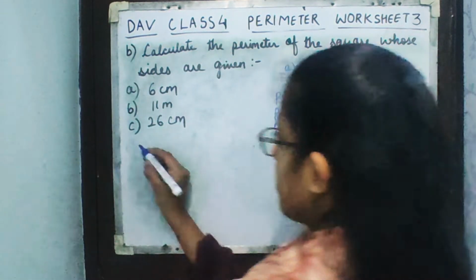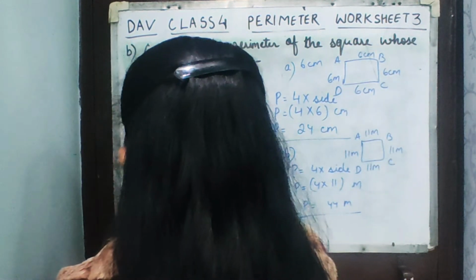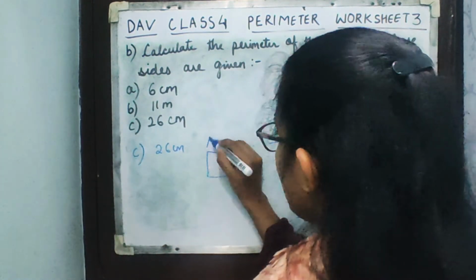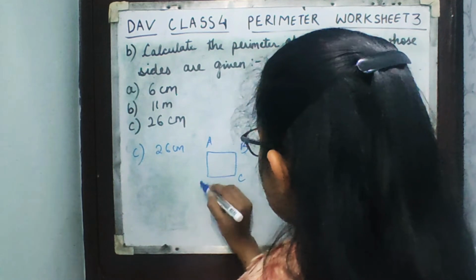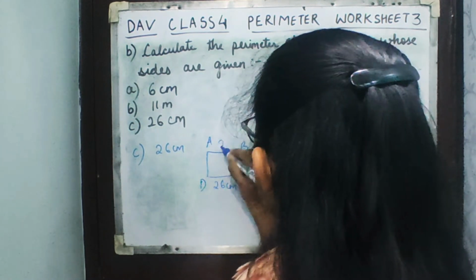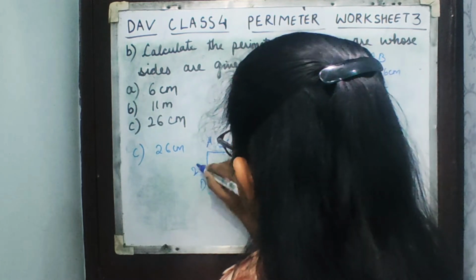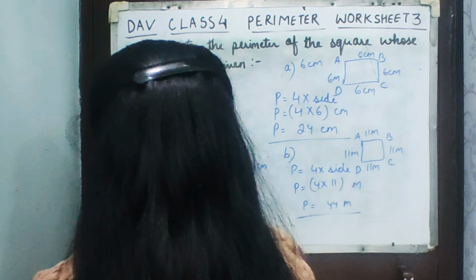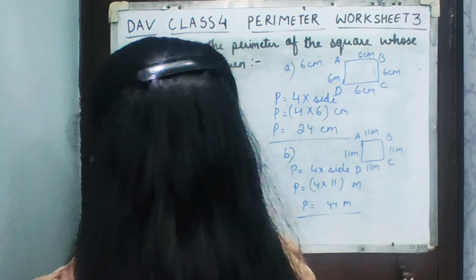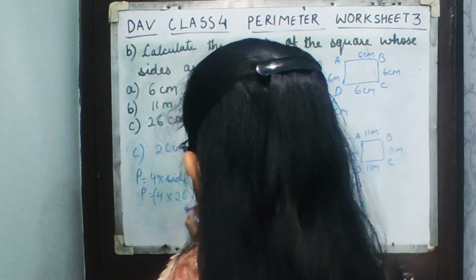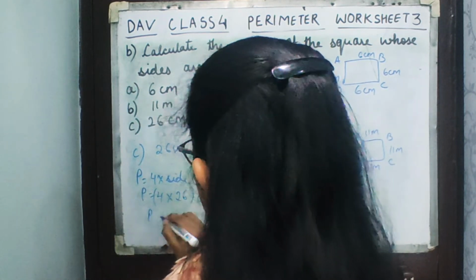Coming to our C part, that is 26 centimeter. Drawing a square here, A, B, C, D, and all the sides are 26 because all sides are equal in a square. Putting the formula, perimeter is equal to 4 into side. So perimeter will be 4 into 26 centimeter.